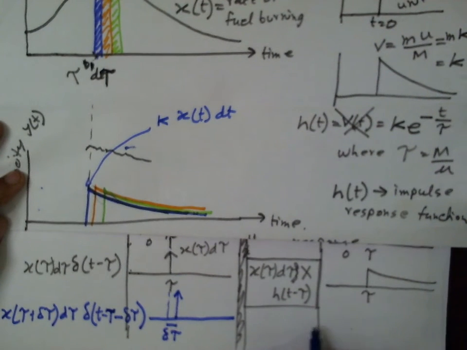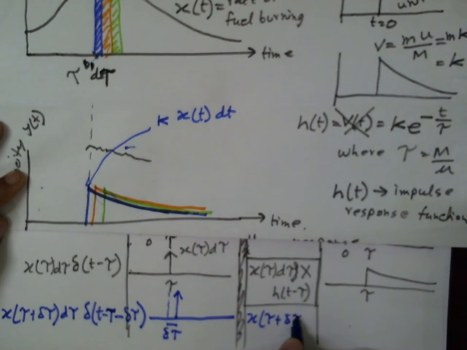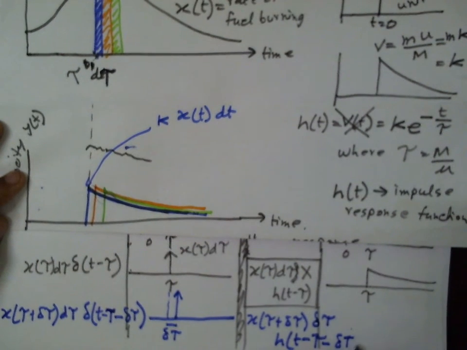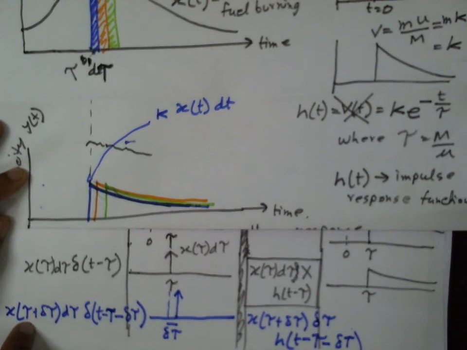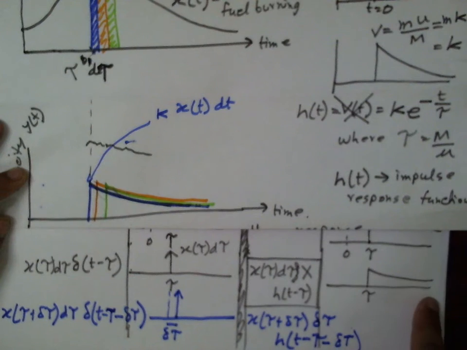Then the output will be x(τ + Δτ) times this Δτ into h(t − τ − Δτ), and so on. Now I have to add up all these functions for τ equals minus infinity to plus infinity to get the final response.